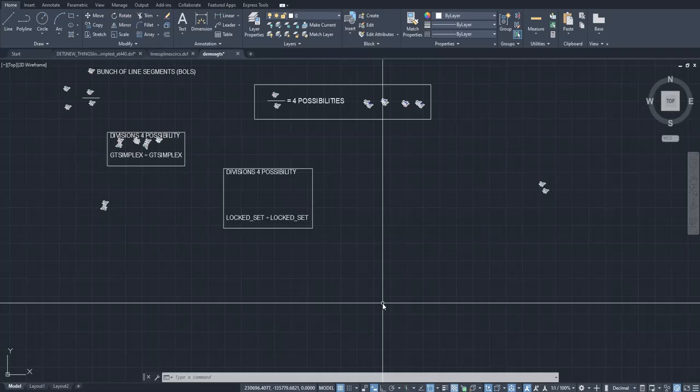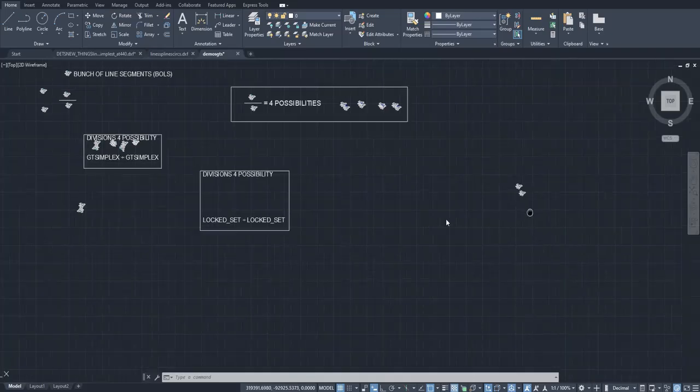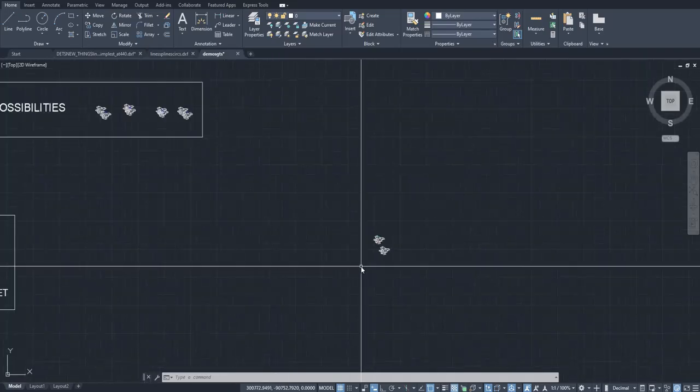And so we cannot say that plus, minus, into, divide is a simple term. So we have to define plus of type 1, plus of type 2, plus of type 3, plus of type 4. Minus of type 1, 2, 3, 4. Multiplication of type 1, 2, 3, 4. Division of type 1, 2, 3, and 4, because for every case the bunch of line segments, the arrangements, and the alignments all change.